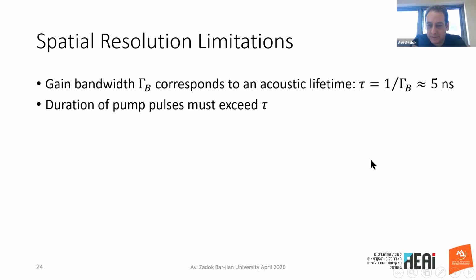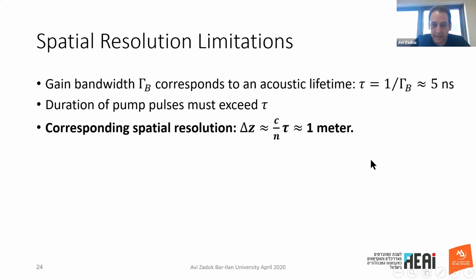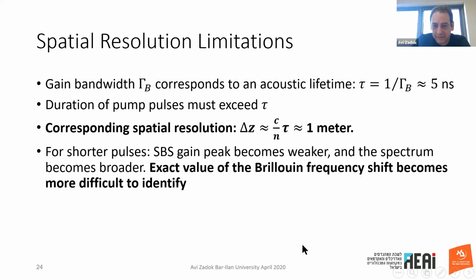Now, what does 5 nanoseconds mean? If you think about the speed of light in a fiber, then by the time 5 nanoseconds have gone, our pump pulse has already covered about 1 meter. And this is setting a very fundamental limitation on spatial resolution. It means it will be difficult for us to resolve temperature variations or strain variations that are shorter than 1 meter.